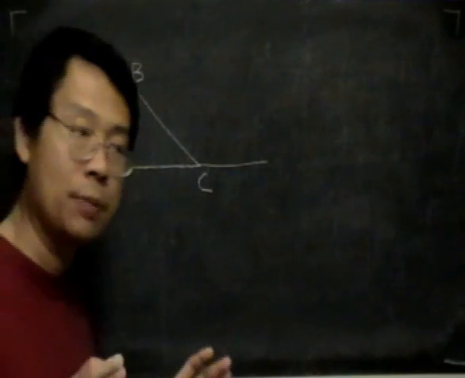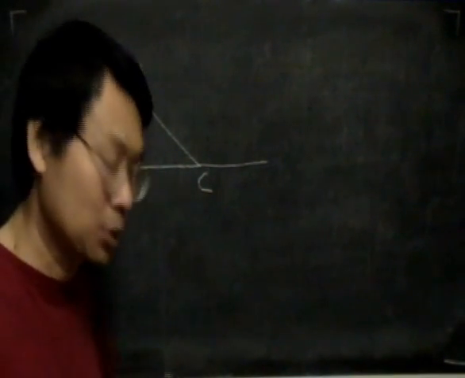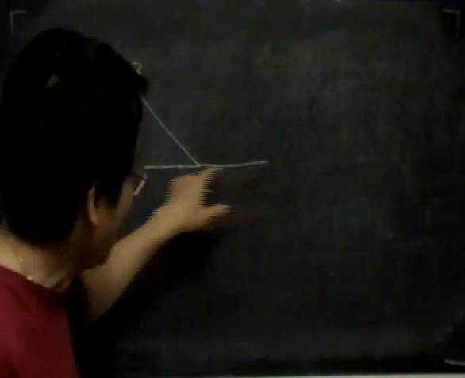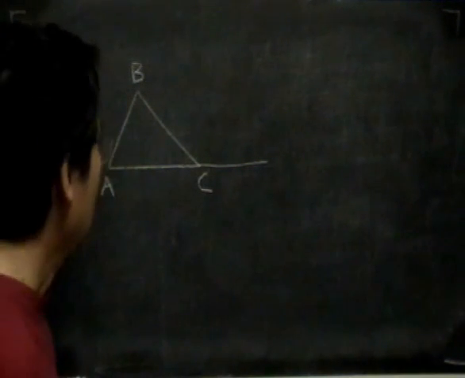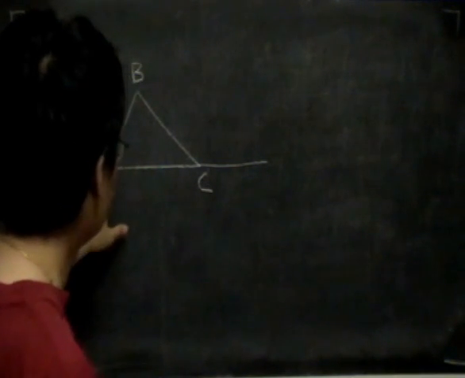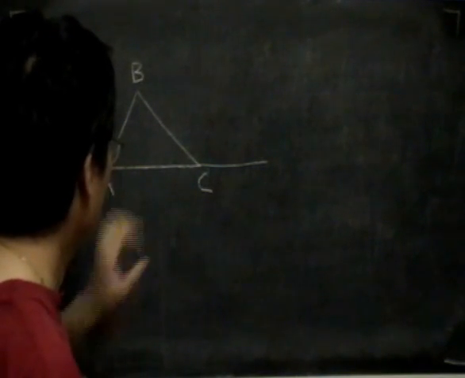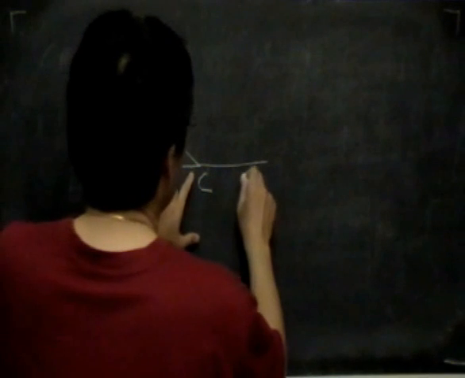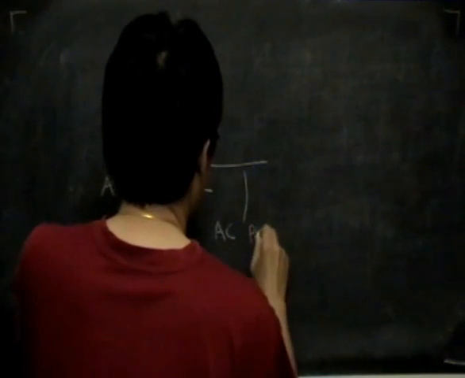Now there is a word which is used to describe this extended line in mathematics. If the side is called AC, then this extended bit is called AC produced.